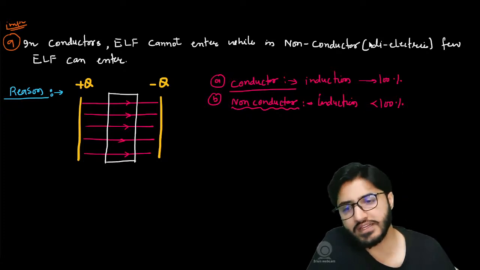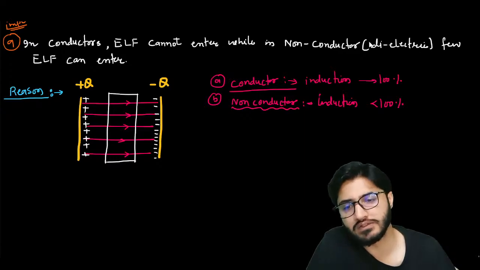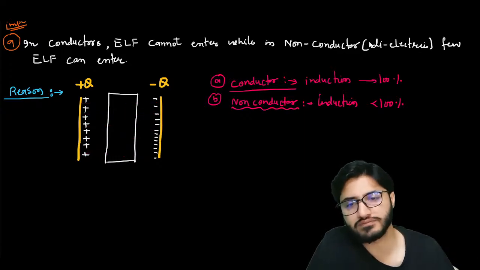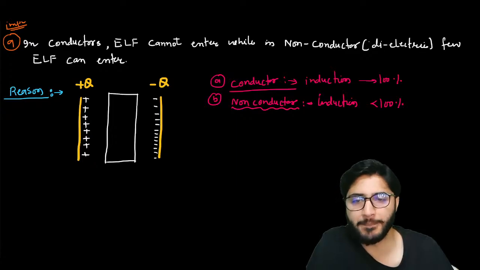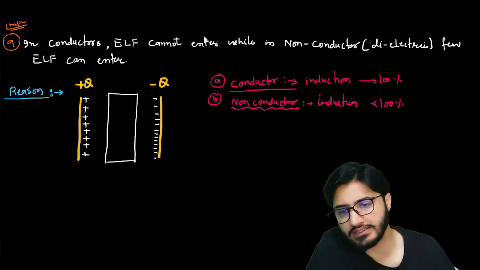So basically, here we have positive charge and here we have negative charge. That's why the electric field is from positive to negative. Due to this, what will happen here? On this side I will have negative due to induction.